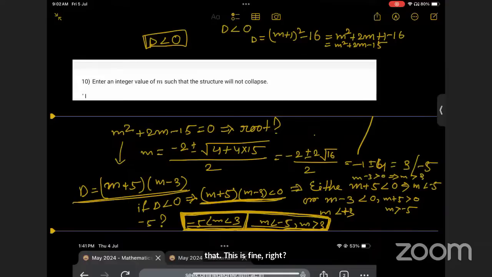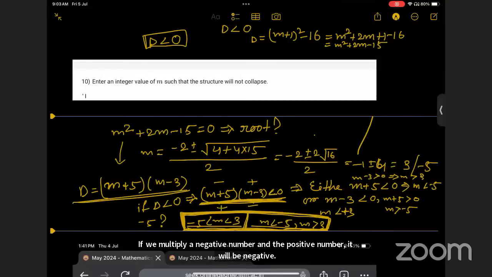From this condition, we can have only two options. If this is negative and this is some positive number, then if we multiply a negative number and a positive number, it will be negative. Otherwise, this can be positive and this can be negative, right?